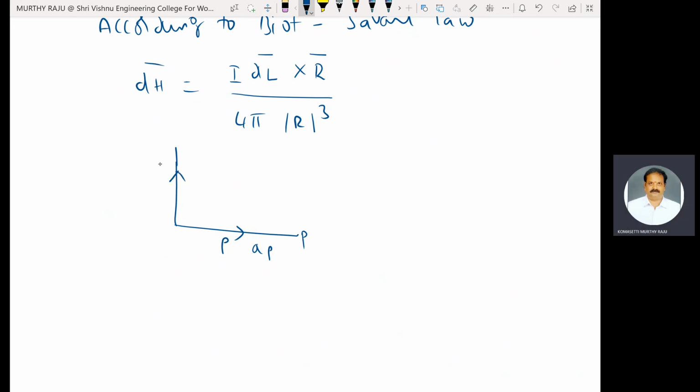The current carrying conductor is placed along the z-axis, with two ends A and B. In this direction it is z a z bar, and in the other direction it is minus z a z bar.